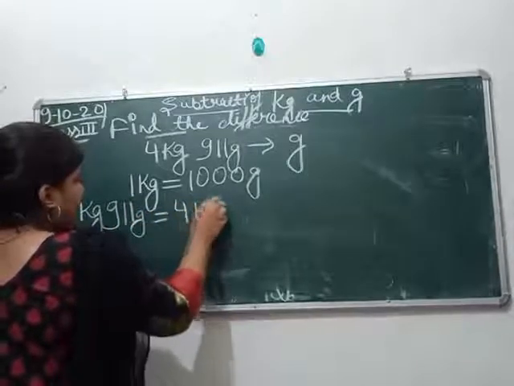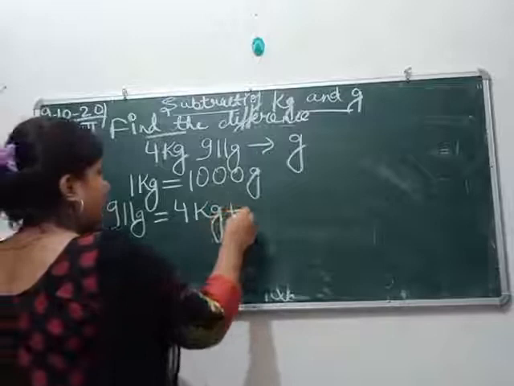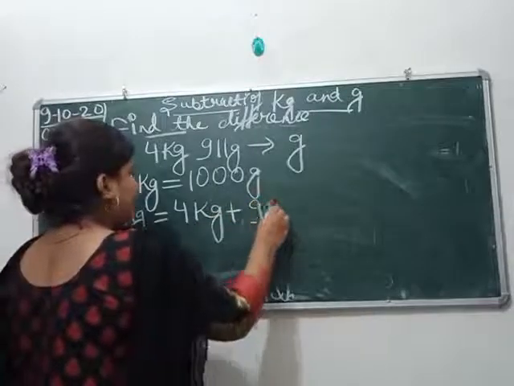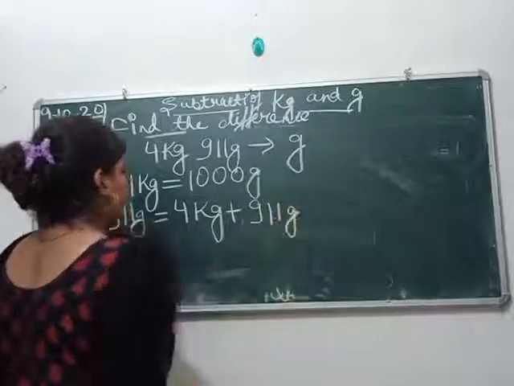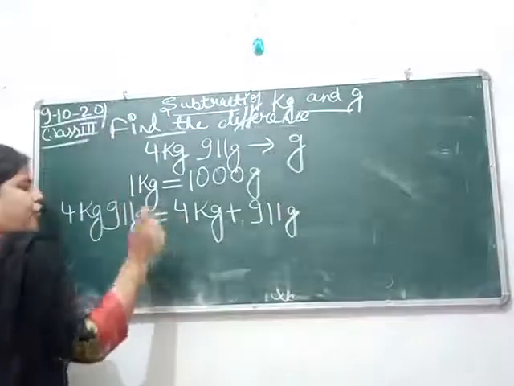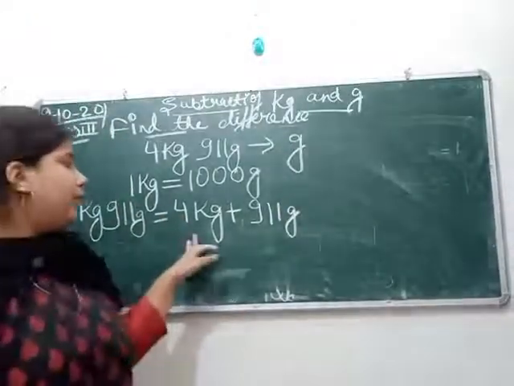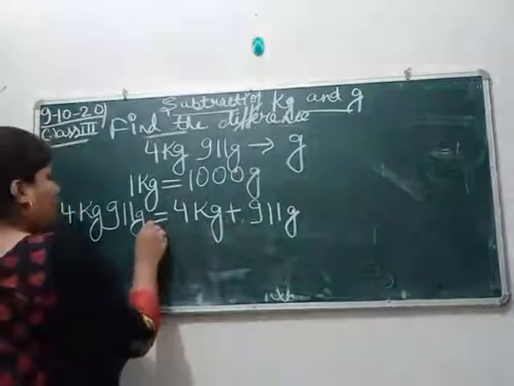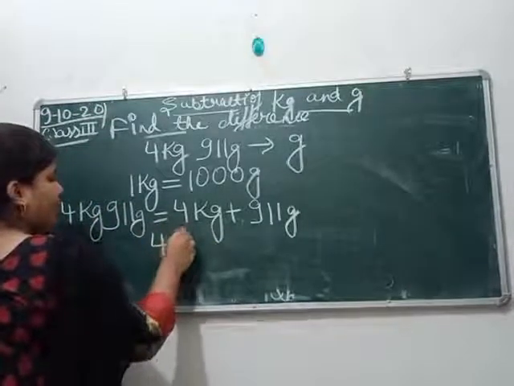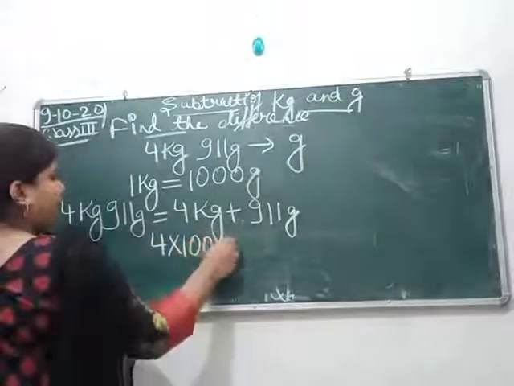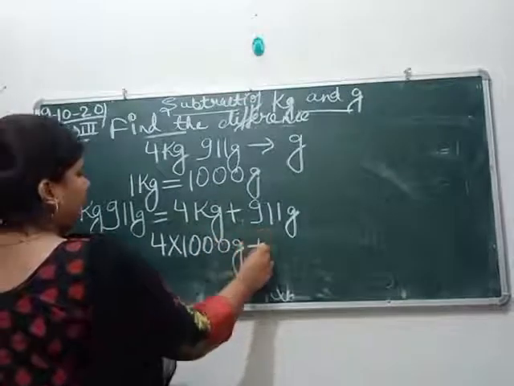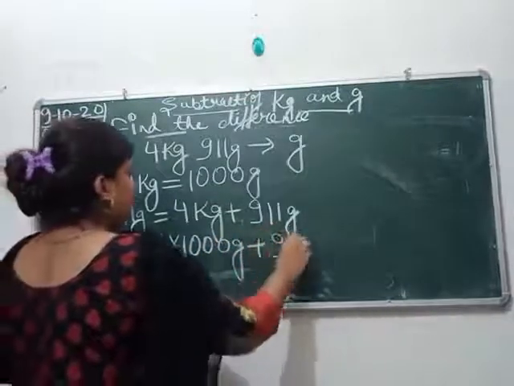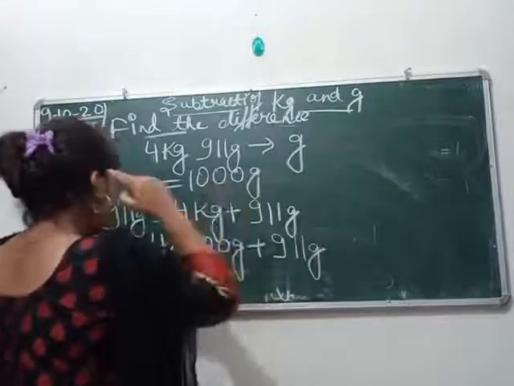4 kg plus 911 gram. Now we have to convert this 4 kg. 4 into 1000 gram plus 911 gram.